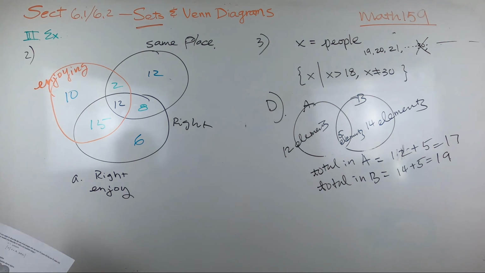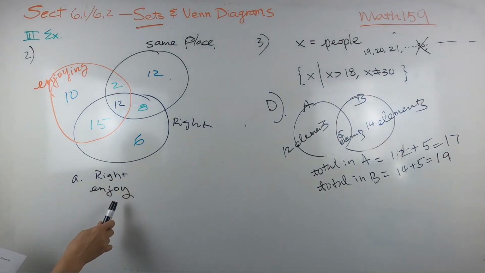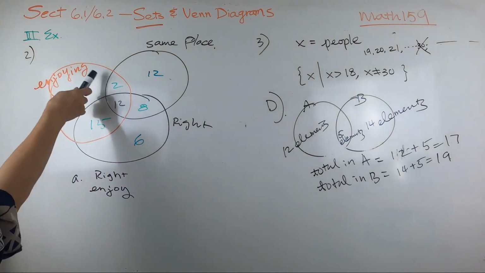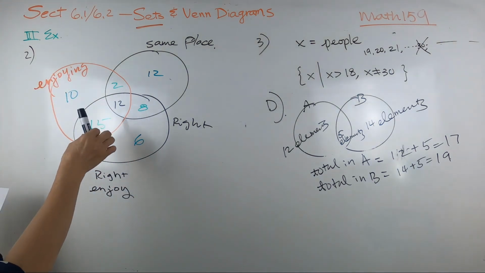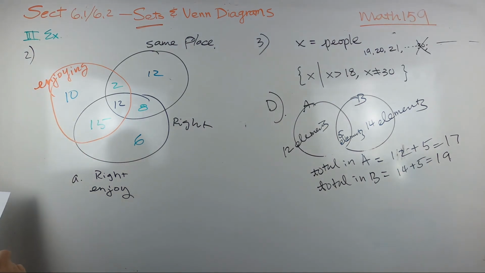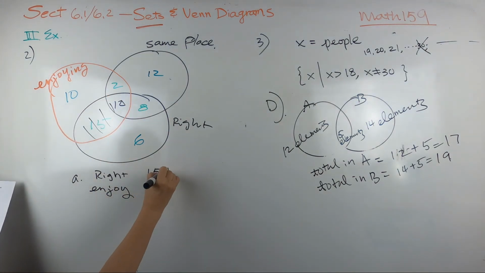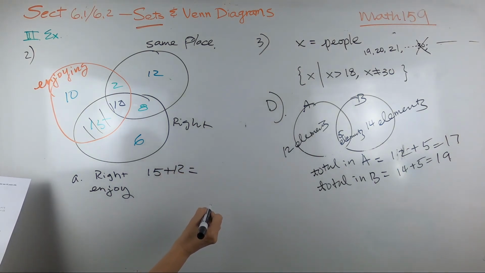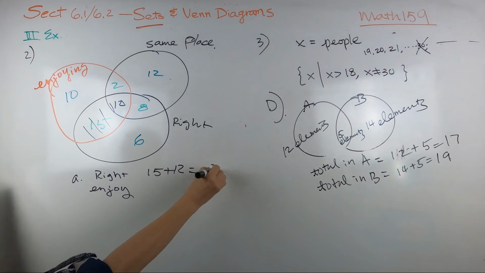That means it has to belong to both right hand and enjoy. So right hand is here, and enjoy is here. Where do they have a similar situation? Okay, that would be here, right? So that would be 15 plus 12. That would be 27, right?